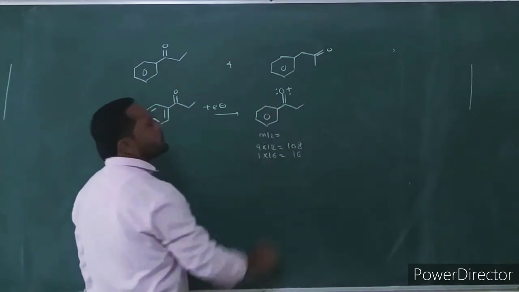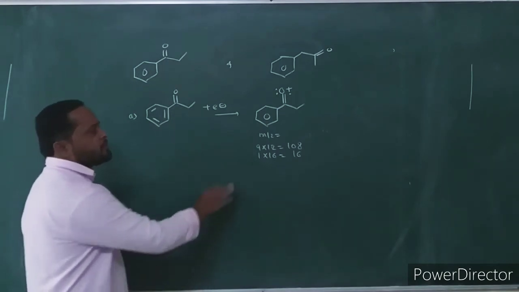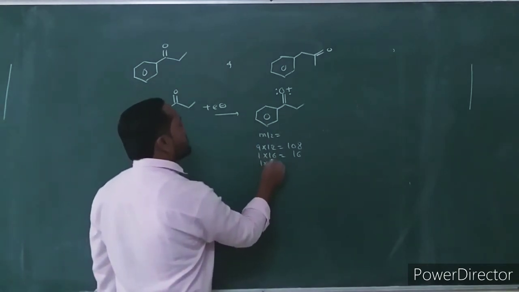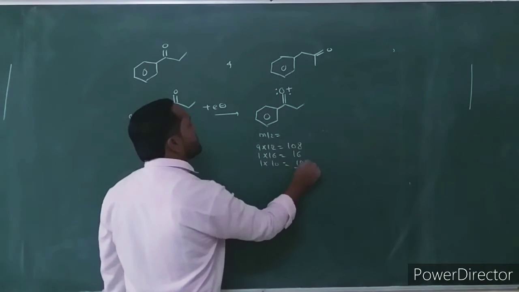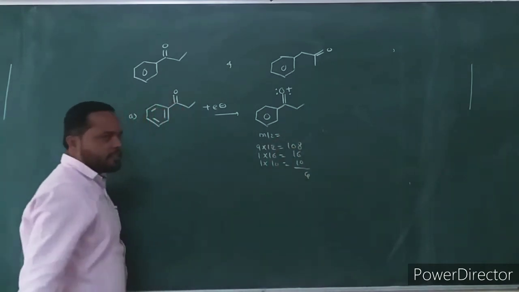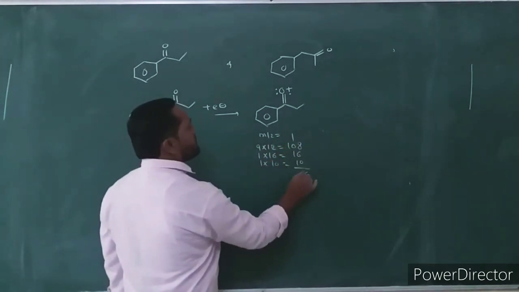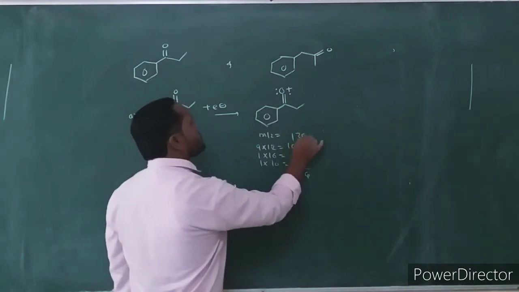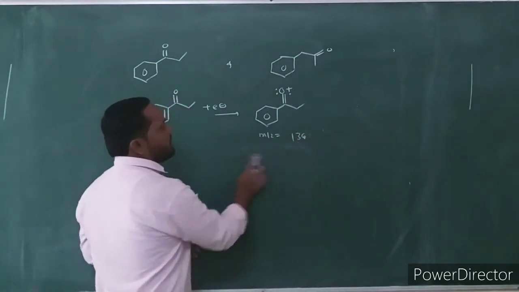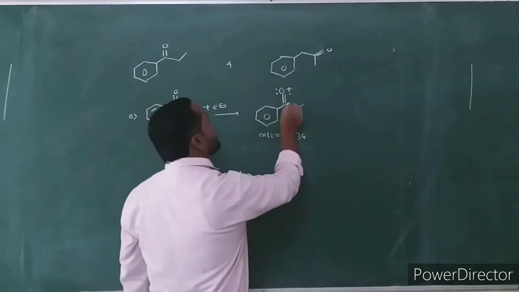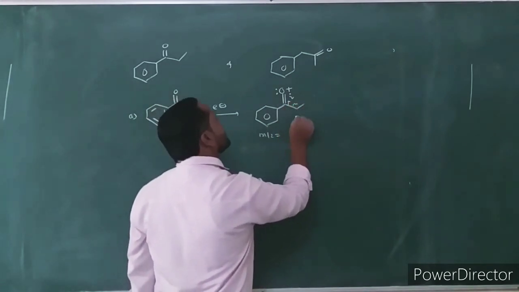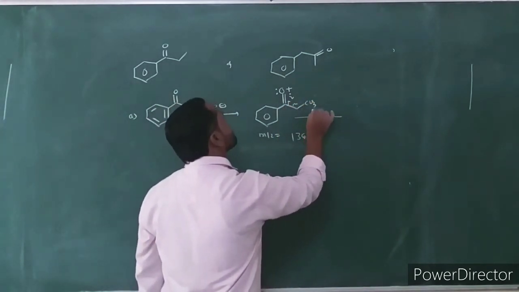60, 3 plus 2, 5, and 5 plus 3 carbons, 5 hydrogens, 10 hydrogens. 6 plus 8, 14. This molecular ion is formed at mass to charge ratio 134.